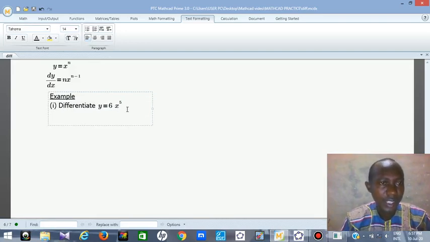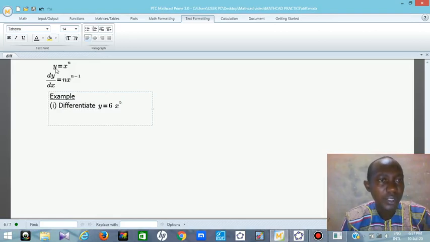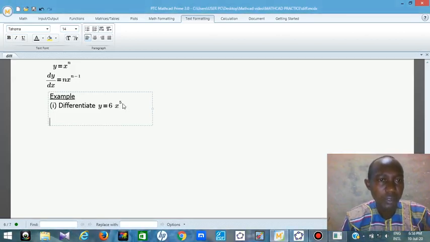All you need to do here is follow the basic rule. It says when you have a function y equals x raised to power n, the power will multiply the coefficient and you subtract 1 from the power.